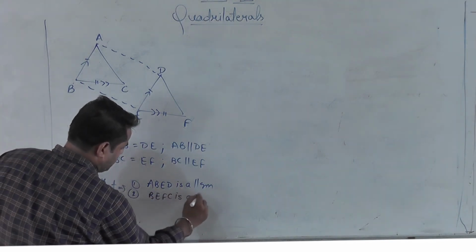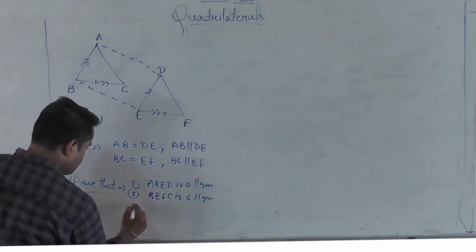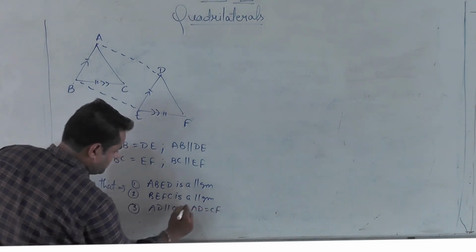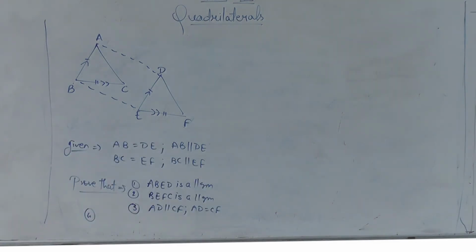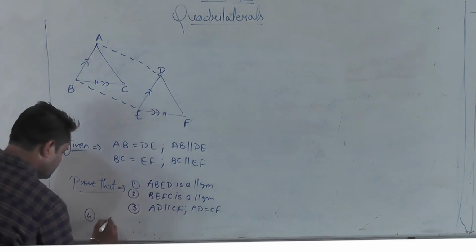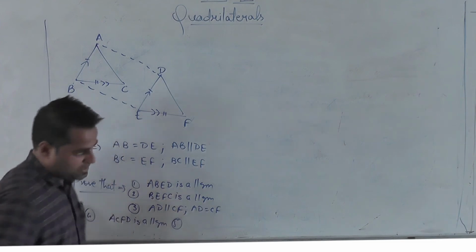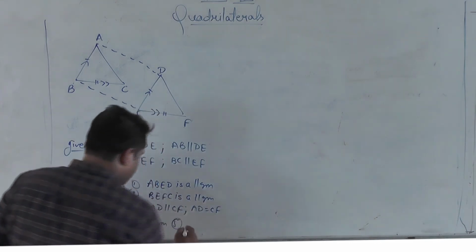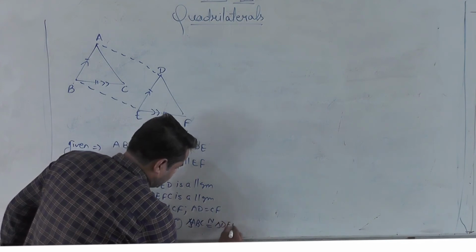The third thing is AB is parallel to CF and equal as well. The fourth thing which is asked in the question is that ACFD is a parallelogram. And the last thing they have asked is that triangles ABC and DEF are congruent.